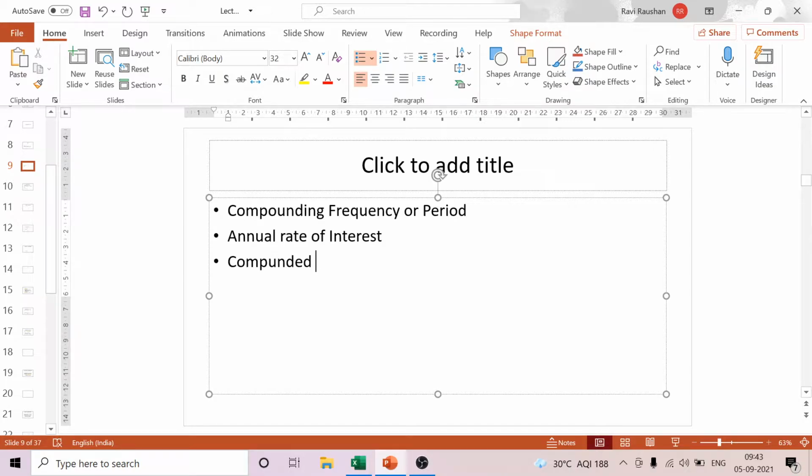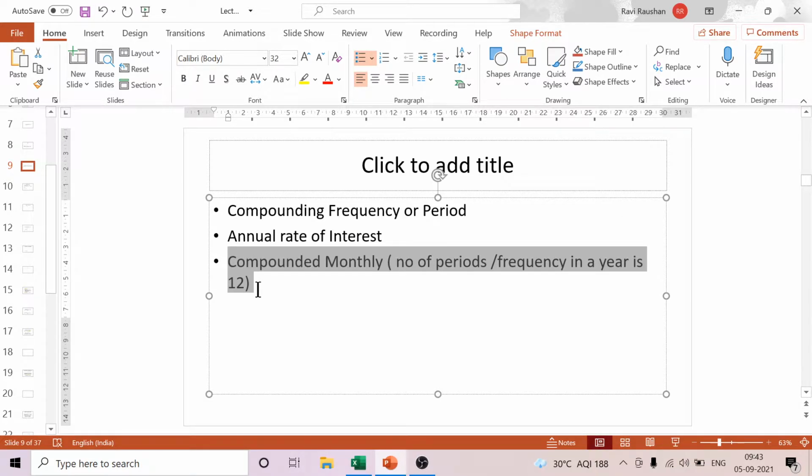It can be compounded monthly. So if it is compounded monthly, please understand the number of periods or frequency in a year is 12.